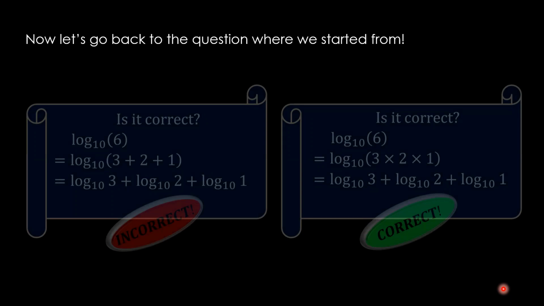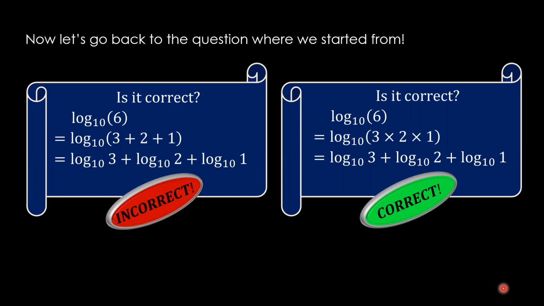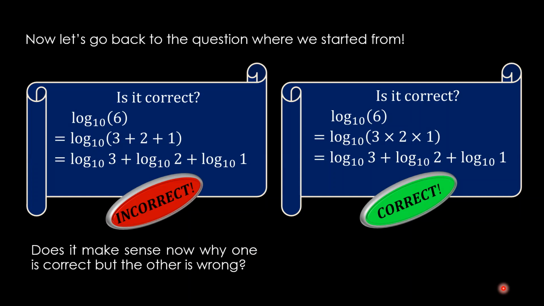So now let's go back to the question where we started from. Which one is correct? Does it make sense now why one is correct but the other is wrong? I hope it is easily understandable. Still, let me explain. If 6 can be written in this product form, 3 times 2 times 1, only if it is in the form of a product or multiplication, we can split it into different logarithms.